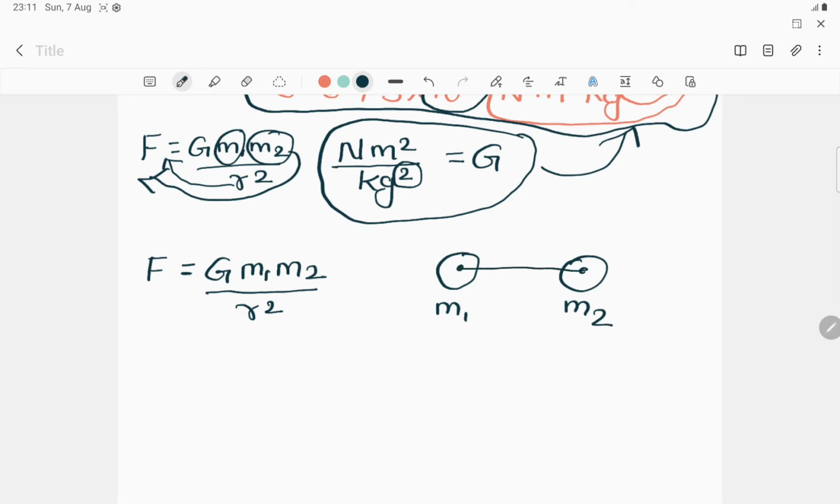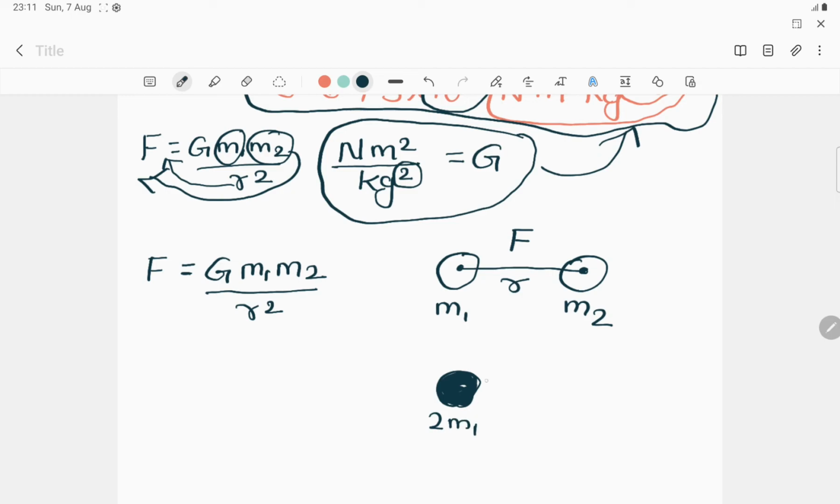Suppose r is the distance, and the force is acting. Now I will double up the mass of m1. So when I double up the mass of m1, I am just representing it by a dense circle or a rough sphere. So this will become 2 times m1.